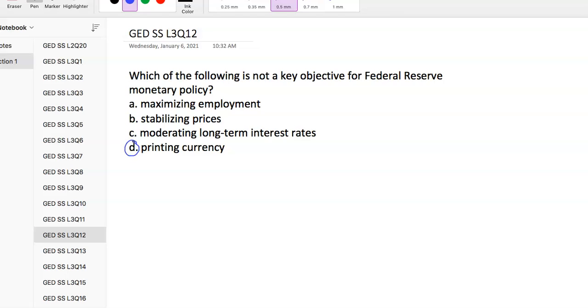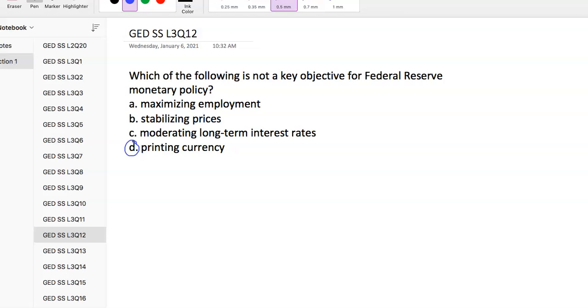So let's talk about the Federal Reserve for a second. It is the central banking system of the U.S. The United States Congress established three key objectives for monetary policy in the Federal Reserve Act, and those three key objectives are maximizing employment, stabilizing prices, and moderating long-term interest rates.